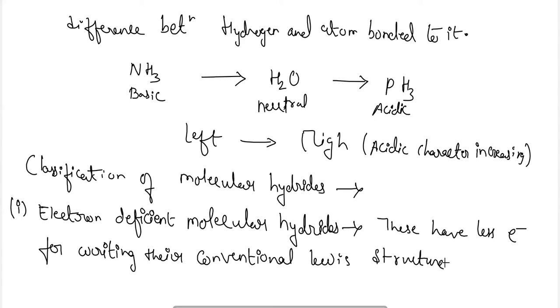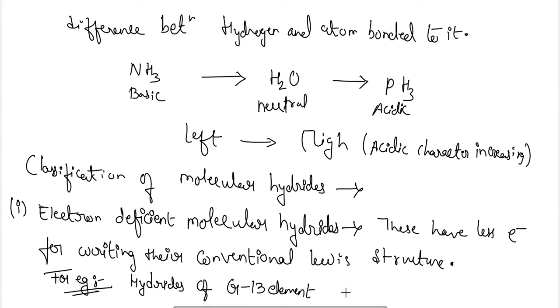For example, we can take the hydrides of group 13 elements. The hydrides formed by group 13 elements will be having deficient electrons in them.